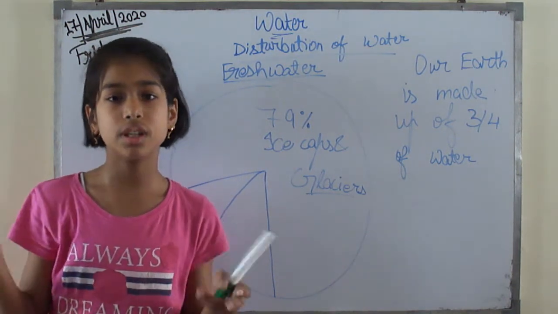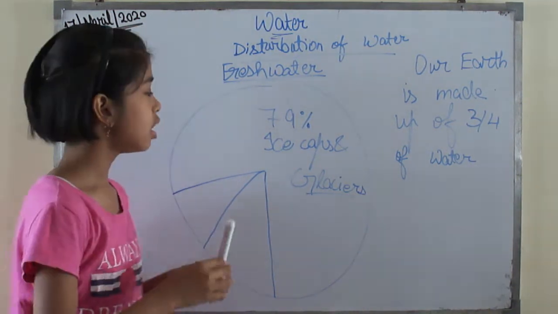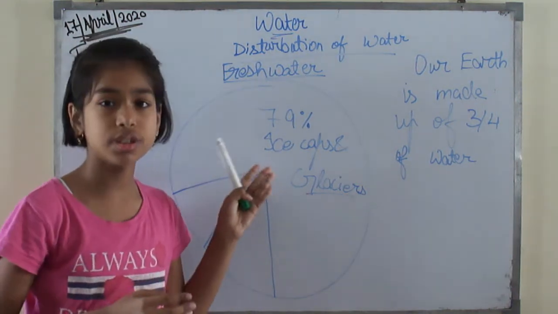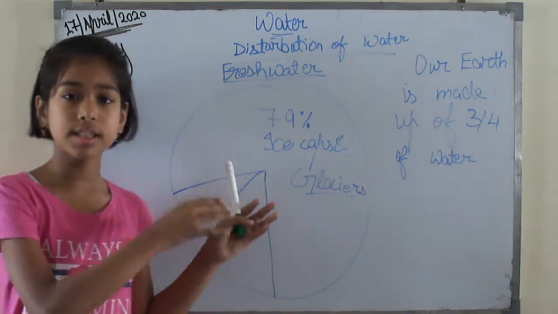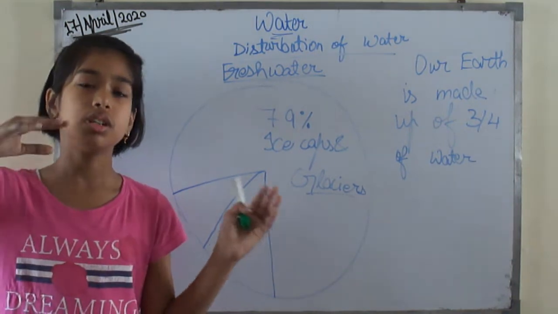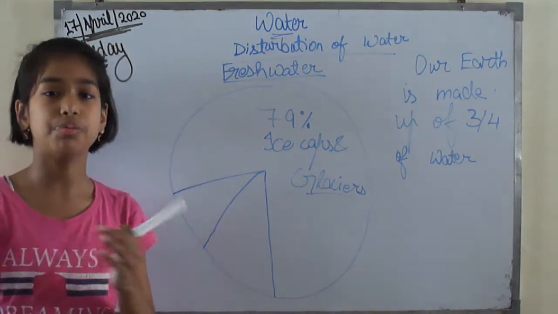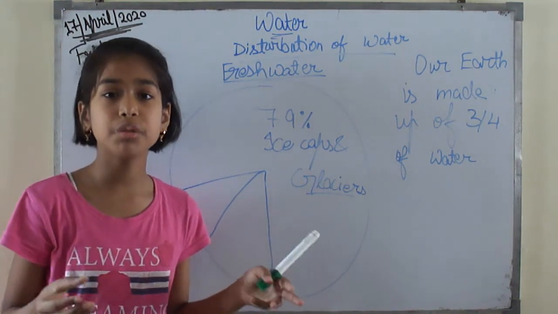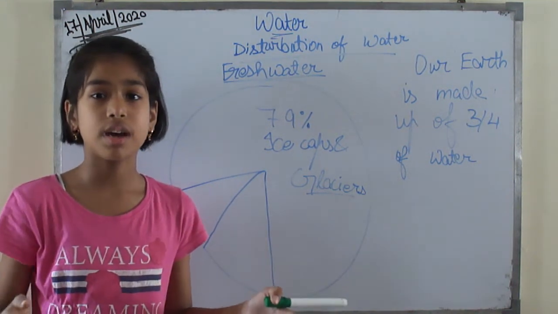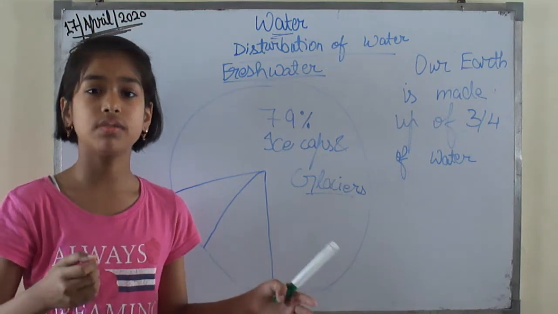It is generally found on the top of the mountains. And why can't we use this? Because the ice caps are so far from us, and they are in the North Pole and the South Pole, and that ice cannot be melted. We can't hammer it, or we can't melt it.